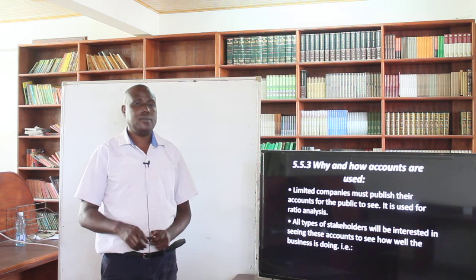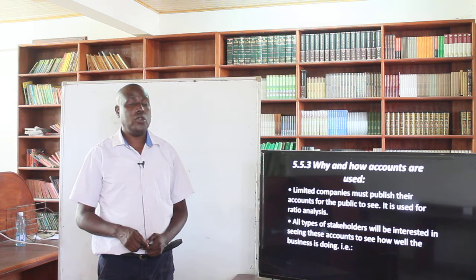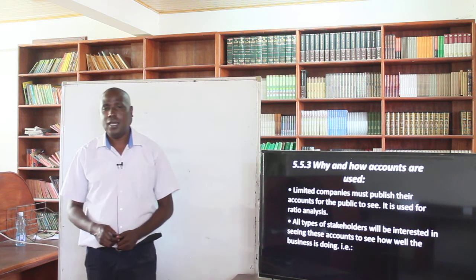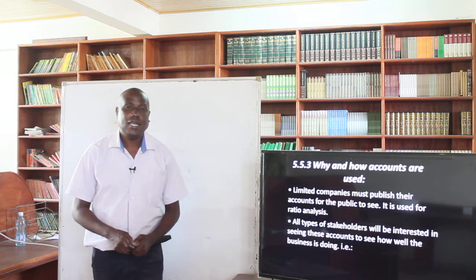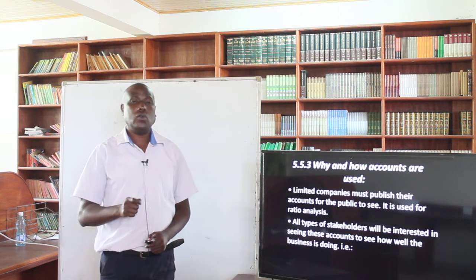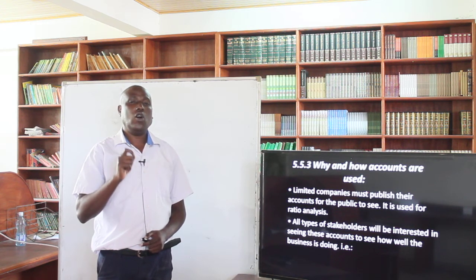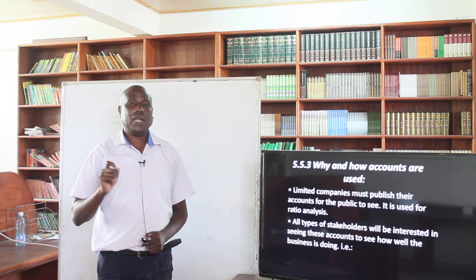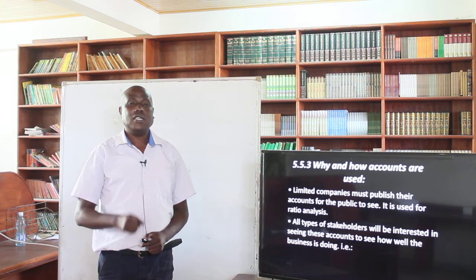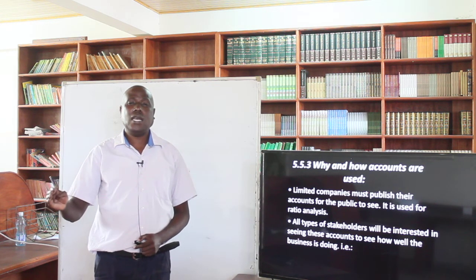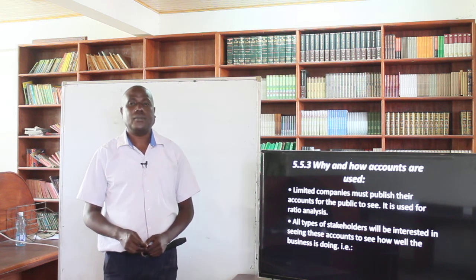You remember? I hope you do. Just to remind us, a stakeholder is any person who has a direct interest in how the business operates. Right? Someone with a direct interest in how the business operates.